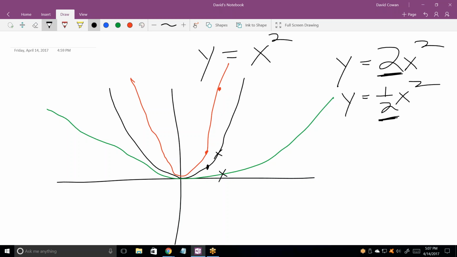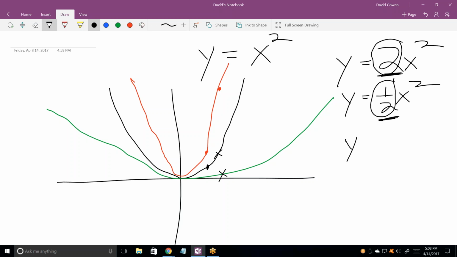Shrink flattens the parabola. Stretch makes it skinnier. So 1 is the magic number. If this is greater than 1, it's a stretch, making it skinnier. And if it's between 0 and 1, it makes it flatter.